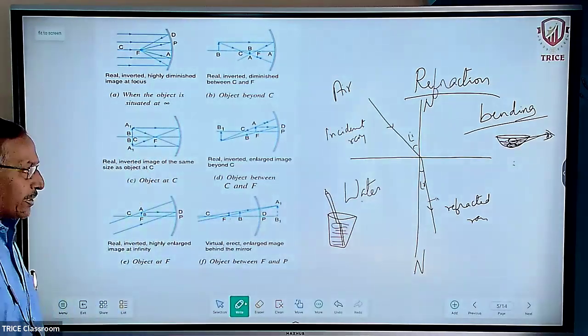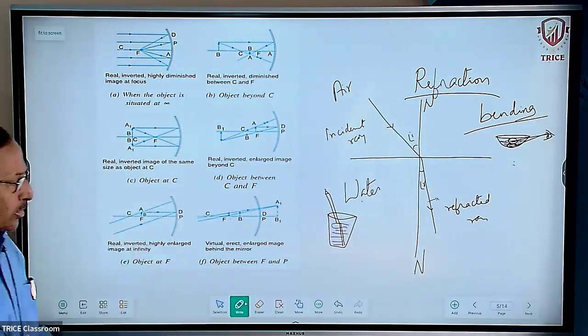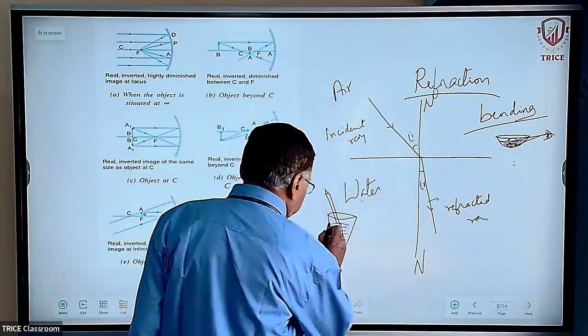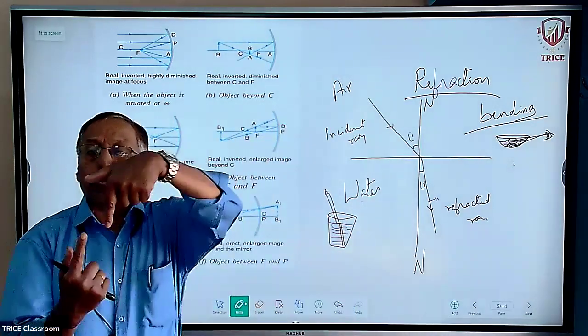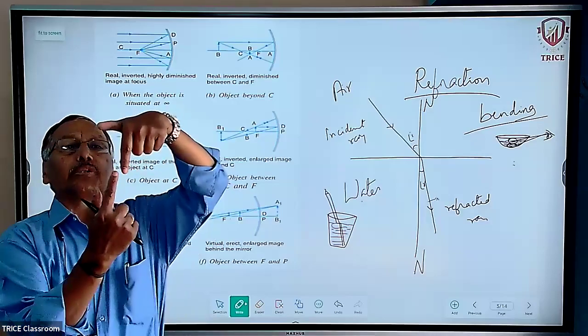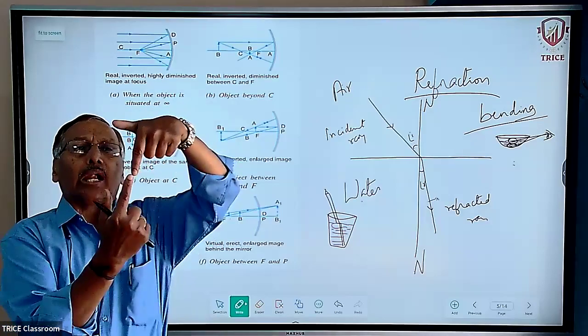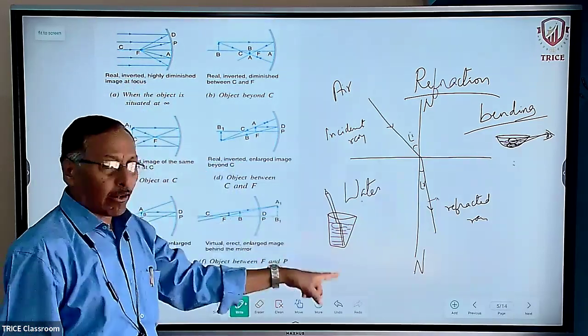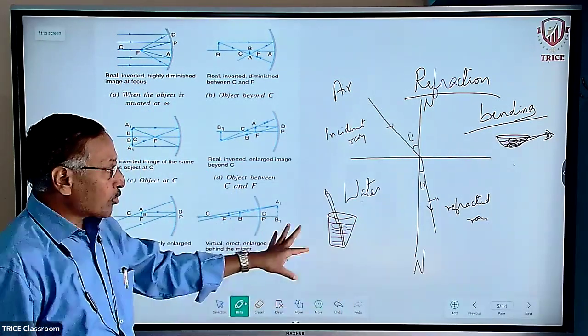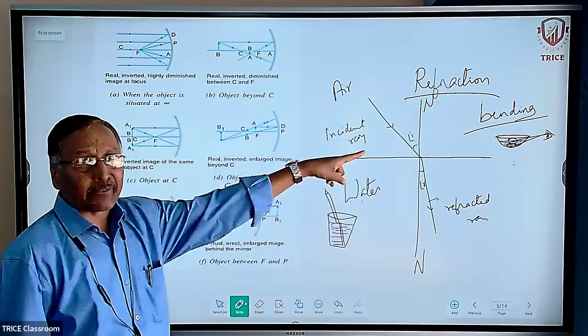If you keep a pencil in a glass of water, it appears to be broken. The upper part appears separate and the lower part appears separate. This is again bending of light ray. This is also an example of refraction, right?